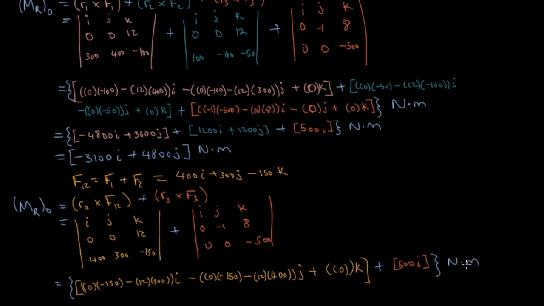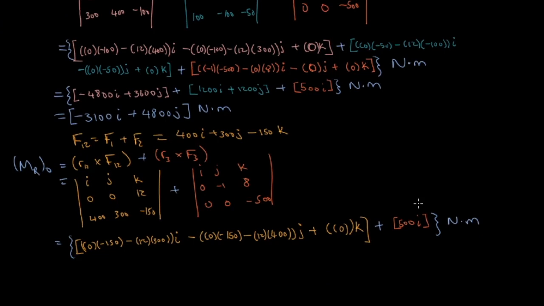So now we'll simplify, and in doing so, we get this vector here, negative 3600i minus negative 4800j, and then it's just going to be 0k, so we can leave that out, plus 500i, like so.